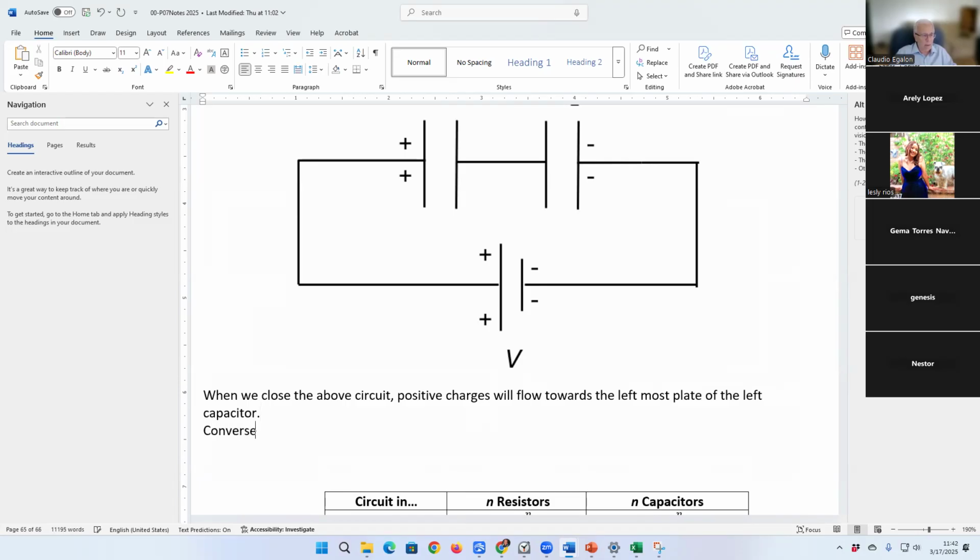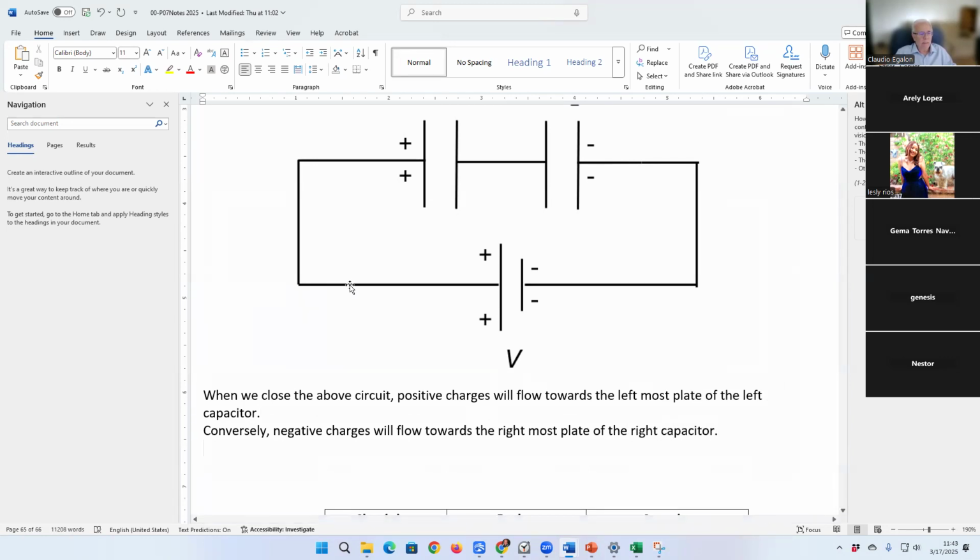Conversely, negative charges will flow towards the rightmost plate of the right capacitor. Okay.